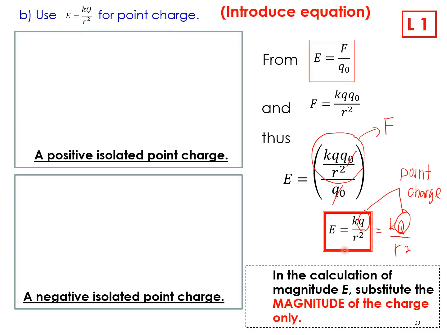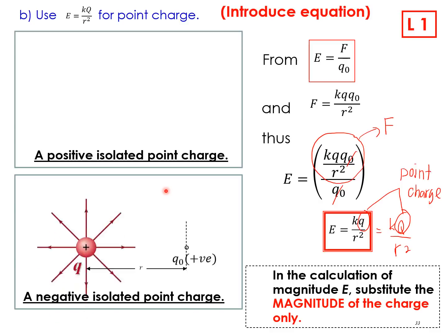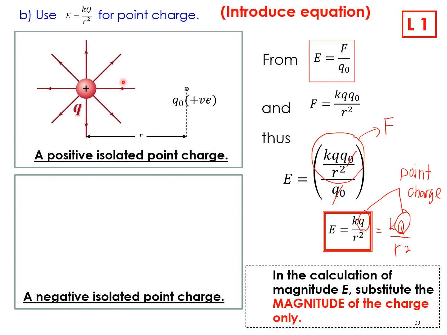So how do we determine the direction of electric field? Let's say you have a positive isolated point charge. Around the charge, you have electric field represented by electric field lines.